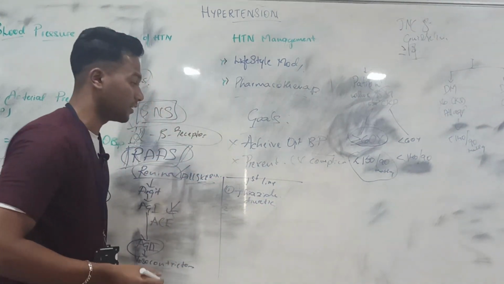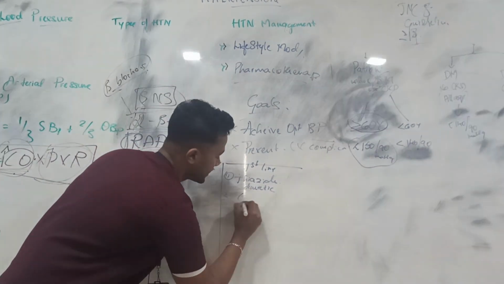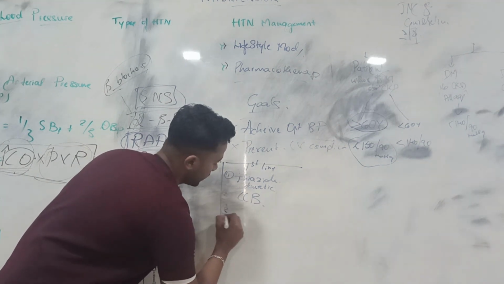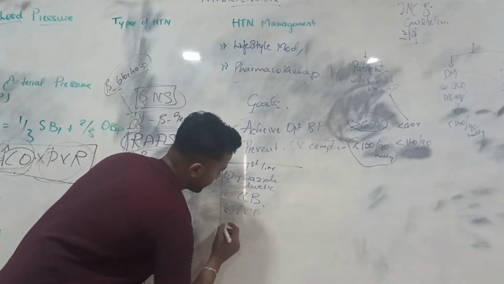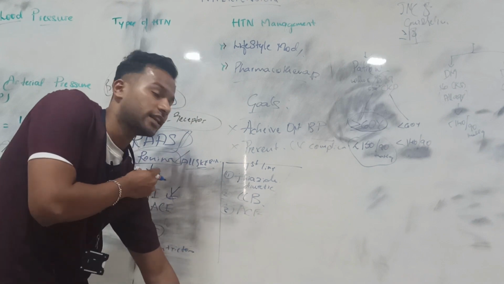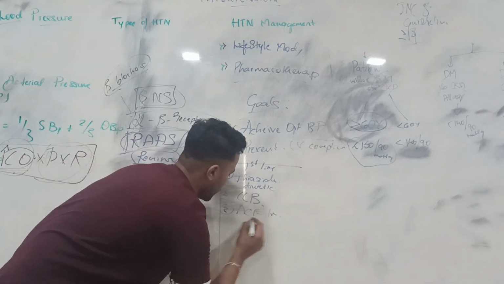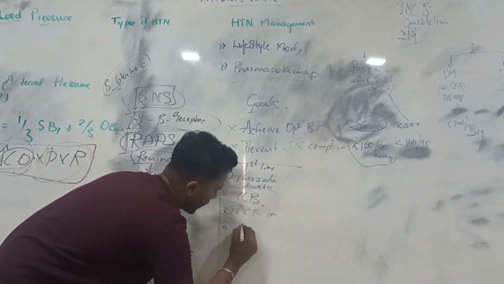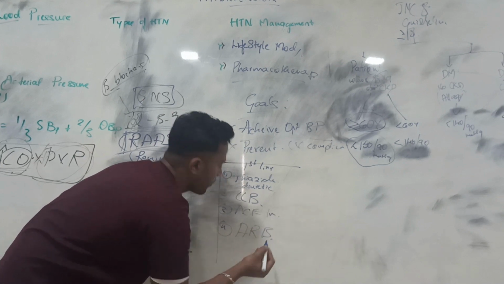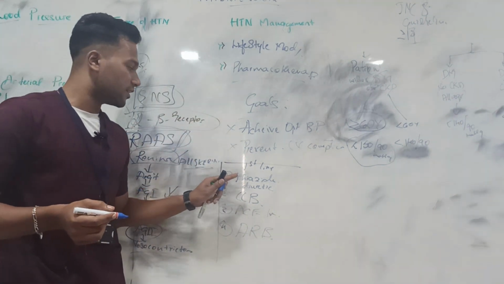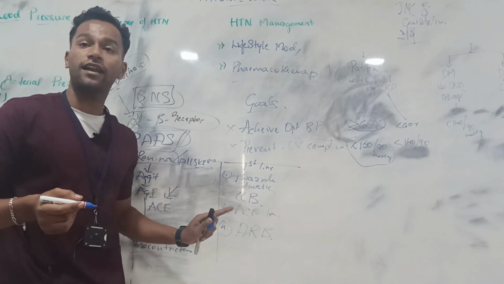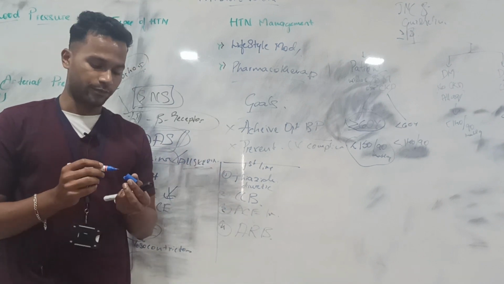Second line is first line, the other drugs are CCB, calcium channel blockers, ACE inhibitors, and angiotensin receptor blockers. These are the first line drugs which are used in hypertension.